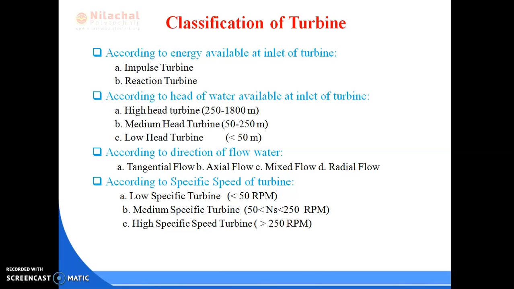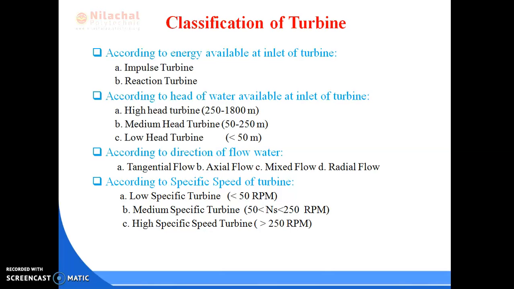Impulse means the rate of change of force. That is, the amount of force exerted upon the body over the application of time or time duration. In the case of impulse turbine, the energy of water available is kinetic energy. We use a nozzle.